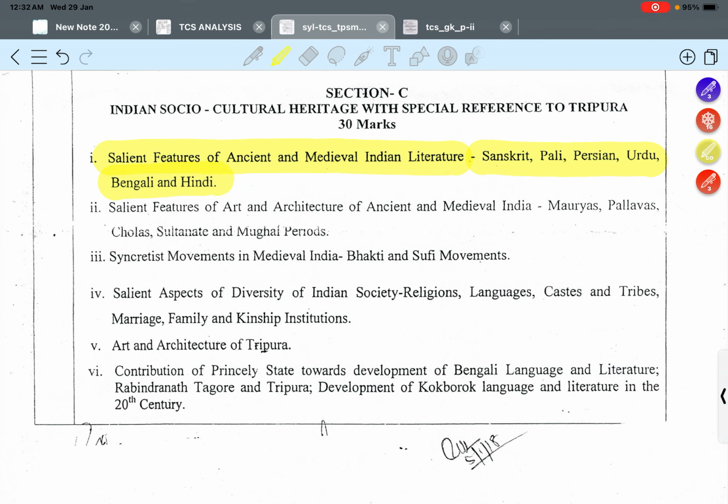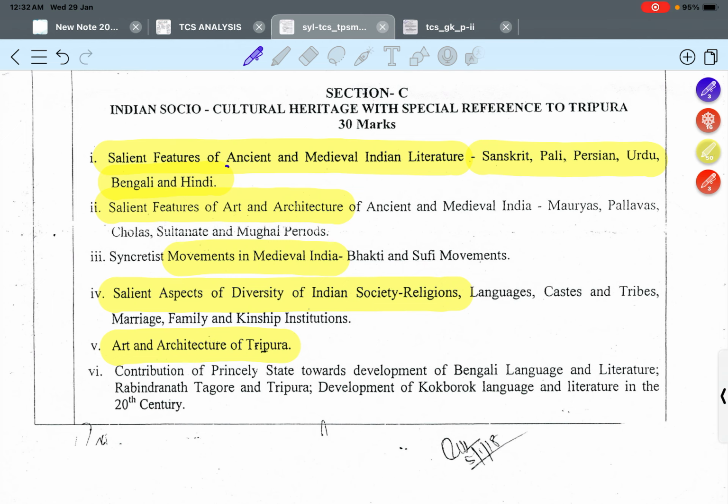Salient features of art and architecture. Salient movements in medieval India, Bhakti and Sufi movements, salient aspects of diversity of Indian society. Art and architecture of Tripura. So there are many topics. I will tell you from where to cover.